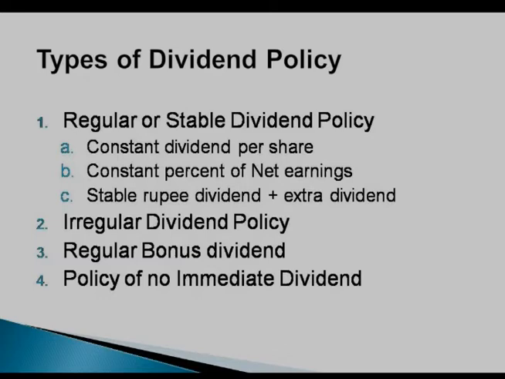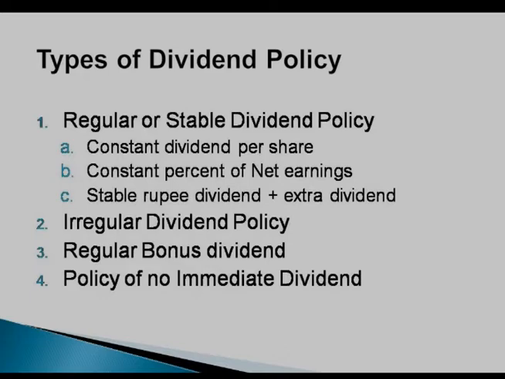And most of the time, a company never believes in distributing the dividend, so the fourth policy would be no immediate dividend. When the company has a sufficient reservoir in reserve and surplus account, then the company may distribute dividend, but immediately there will be no provision of distributing dividend.